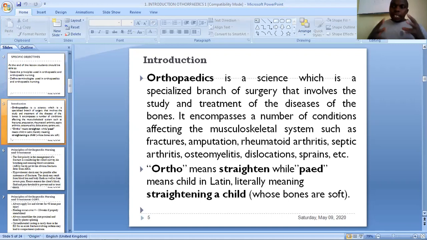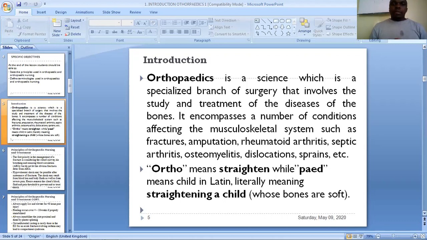Now, when you combine the two, you have the musculoskeletal system. Some conditions that affect this musculoskeletal system are fractures, amputation, rheumatoid arthritis, septic arthritis, osteomyelitis, dislocations, sprains, etc.